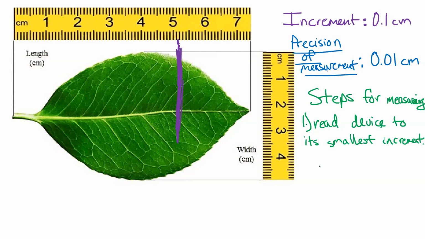So to do that, you would see this as 5, somewhere between, the measured value is going to be between 5.1 and 5.2.